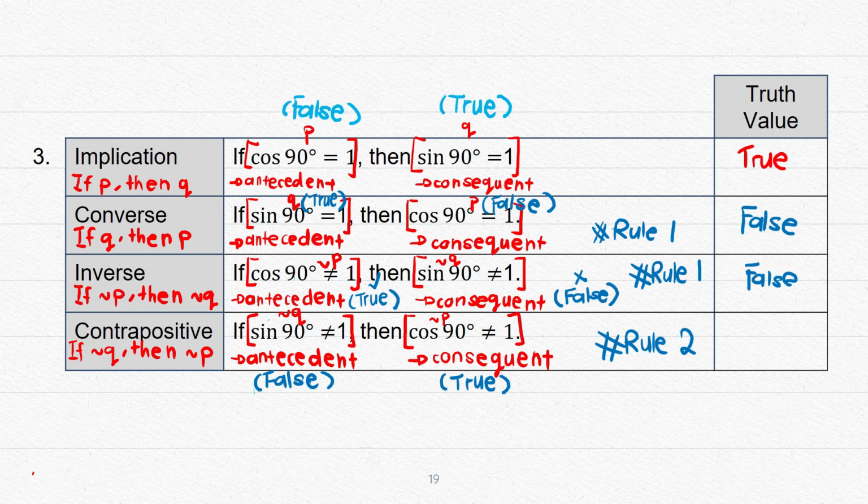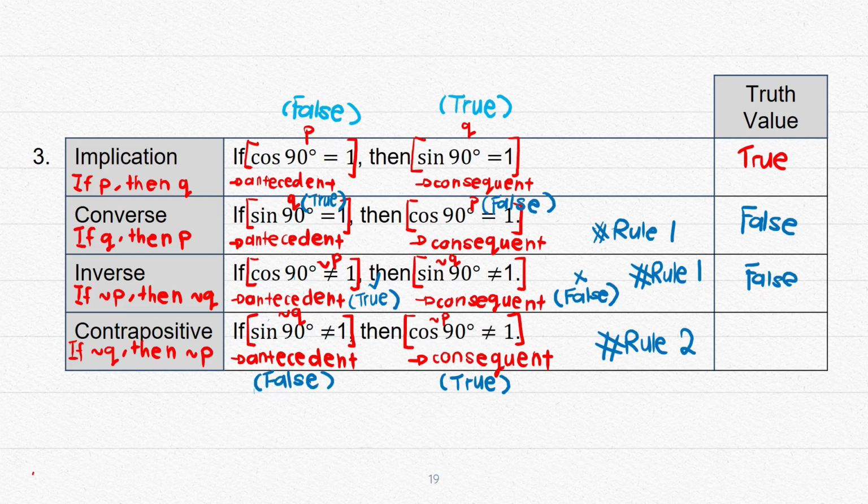You need to understand the difference between rule number 1 and rule number 2. The antecedent here is false. The consequent is true. If the antecedent is false, we apply rule number 2.